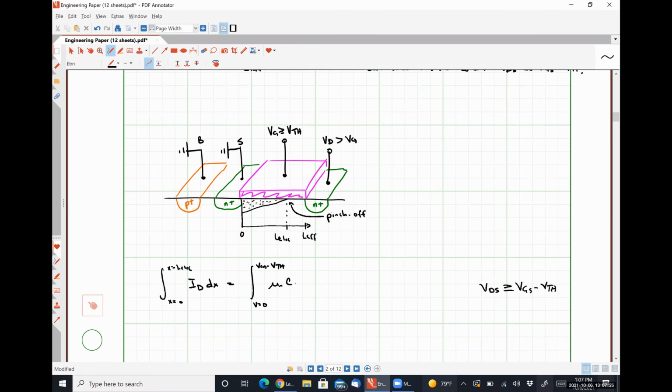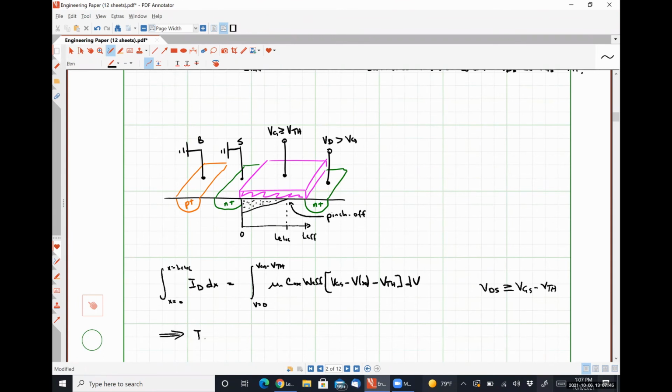We're going to have mu_n C_ox W effective multiplied by (VGS minus Vx minus VTH) dV.